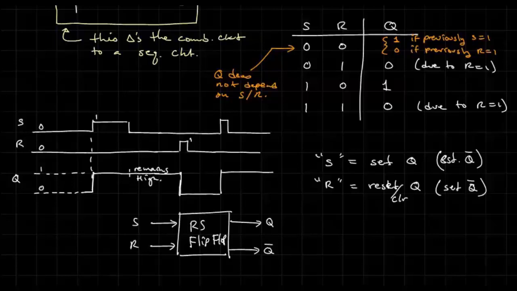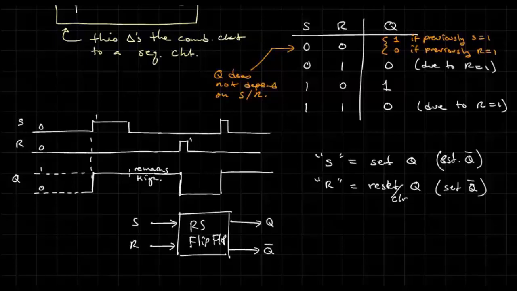Now you might wonder, what about when both are high? Okay, when both are high, then the output goes low. Now that can be used perhaps advantageously, that if you want to start the system with a known state, if you set both S and R high, then it actually will go to low.